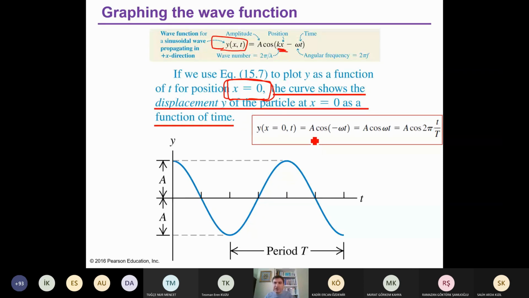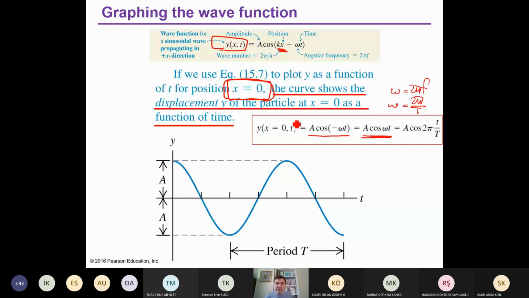Instead of omega, you can write 2 pi f, or 2 pi over the period, okay? So here we have 2 pi over the period instead of omega. Then we have the y position of the particle as a function of time.